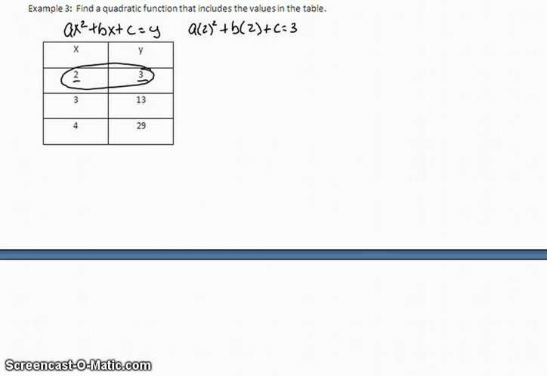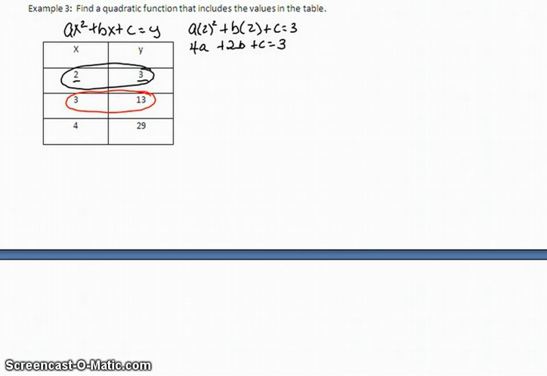Simplifying that down, 2 squared is 4, so I have 4a plus 2b plus c equals 3.